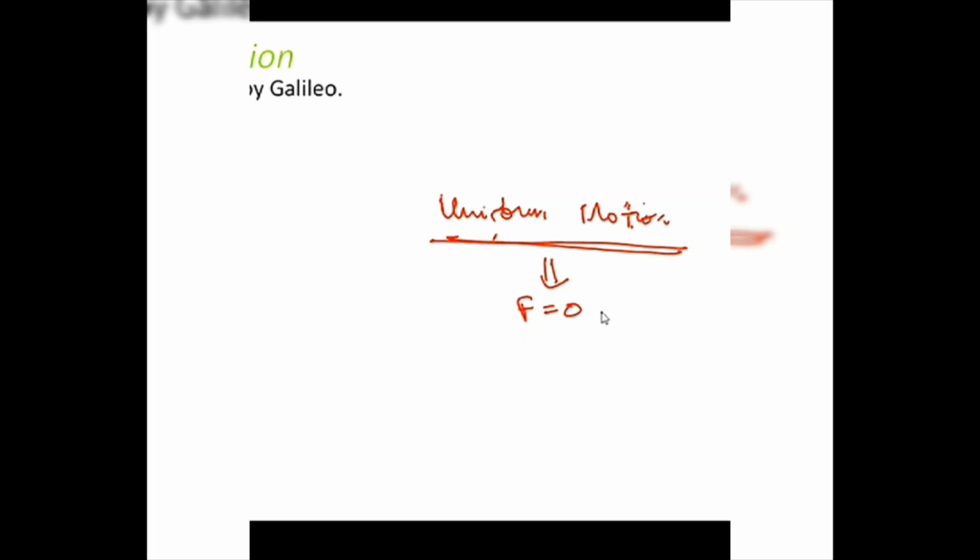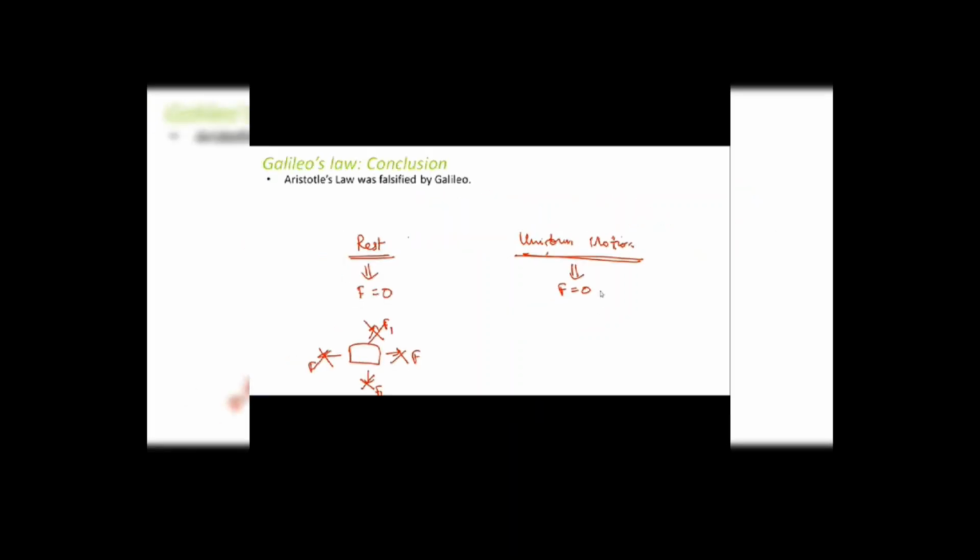So when you are considering a frictionless surface, there is no external force acting and no external force needed. In that case, the body is moving with uniform velocity. So even in the case of uniform motion, the net force acting on the body is zero. So Galileo said that a body at rest should be considered equivalent to a body in uniform motion. That was Galileo's idea.